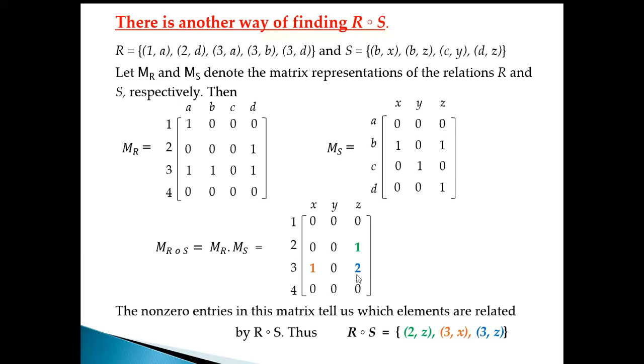Any non-zero number will come here, and you only have to check at which position we have the non-zero entries. That position is the ordered pair element of the R composition S. Clear? Okay, so now let's come to the next point, that is the powers of relations.